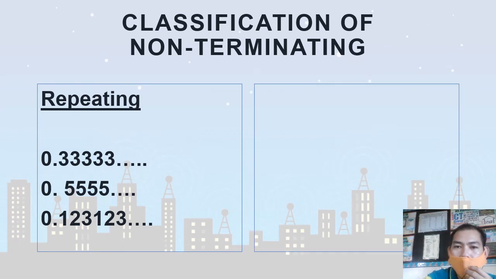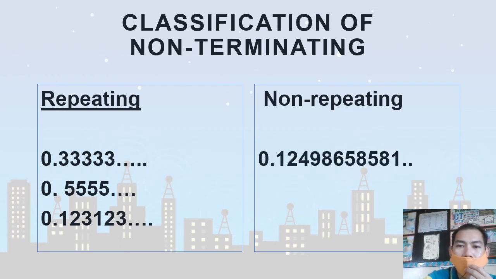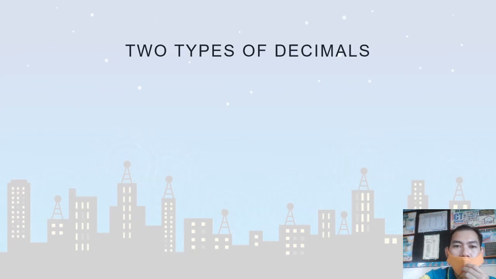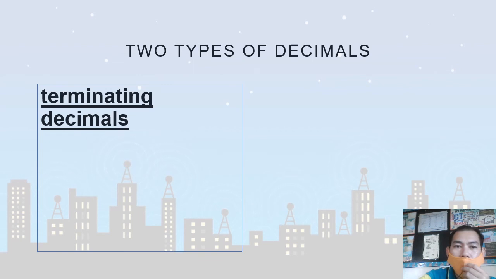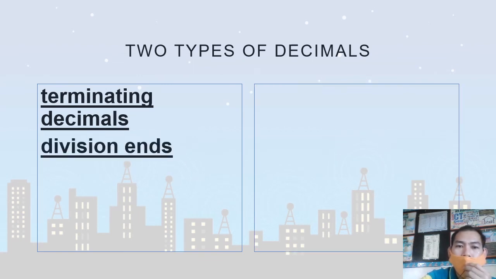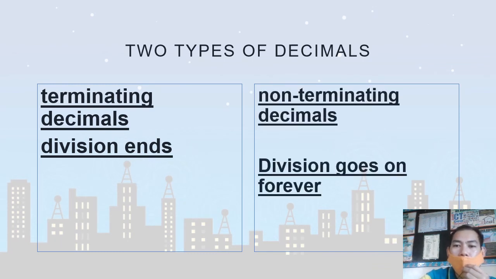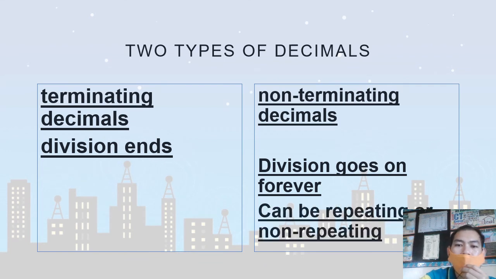Then we also have non-repeating, non-terminating decimals. So these are decimals that go on forever, but they don't repeat. Okay, the two types of decimals. So we have the terminating decimals, where the division ends, then the non-terminating decimals, where the division goes on forever, can be repeating or non-repeating.